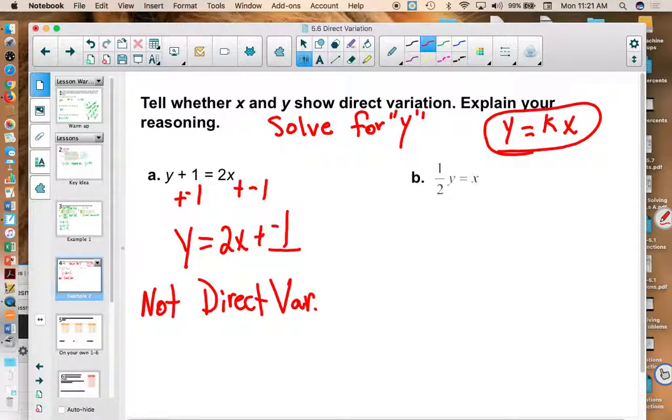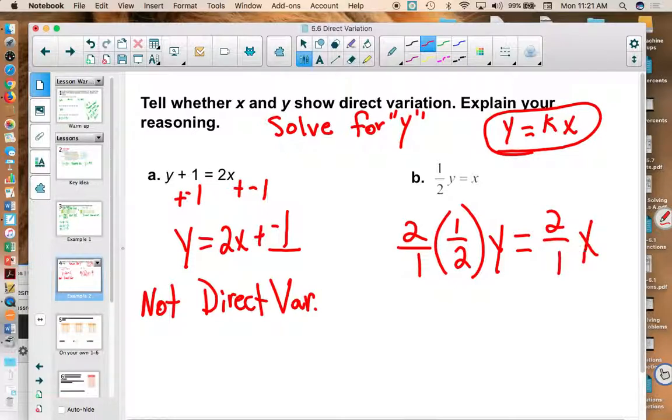How do I solve for y? How do I get it by itself? Times it by the reciprocal or times 2. Good job. Do you agree with him? Can I say 2 over 1 times 1/2 y equals 2 over 1 times x? Is that a true statement?